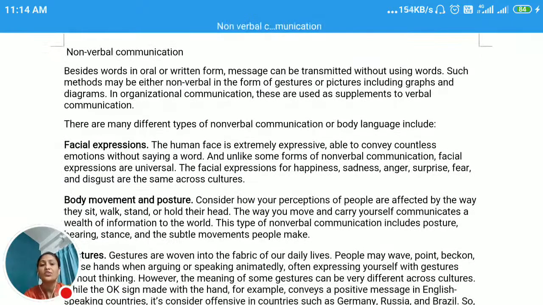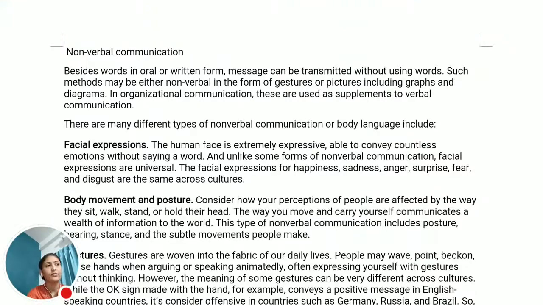First of all, these are facial expressions. Facial expressions means what? Whenever we are hungry, angry, happy, sad, or something frustrating is happening with us, our face expresses it all. So facial expressions strongly tell our emotions, what we are going through inside.